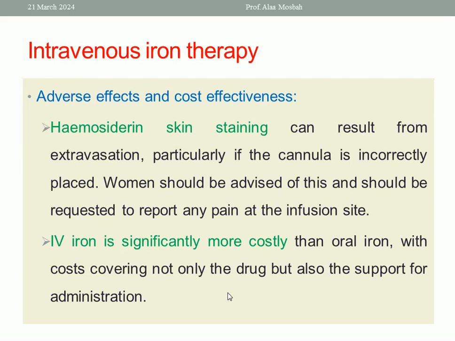You refer the patient to a hospital with trained staff who do follow up during iron infusion, so it is costly. The drug is costly and the care given also carries another cost, so you should know this is one of the disadvantages of intravenous iron over the oral iron therapy.